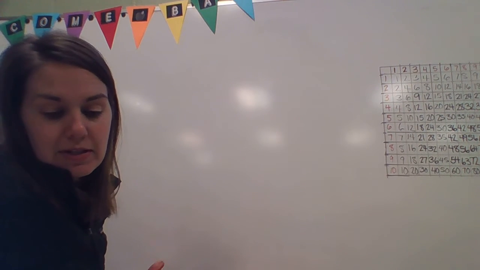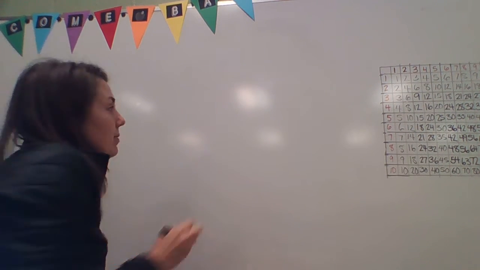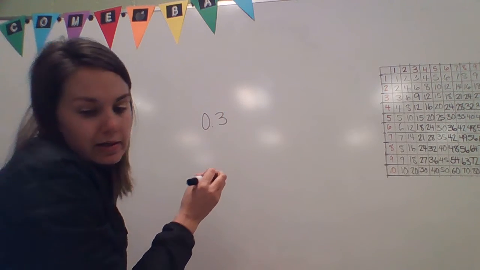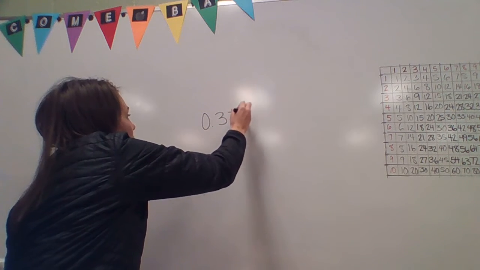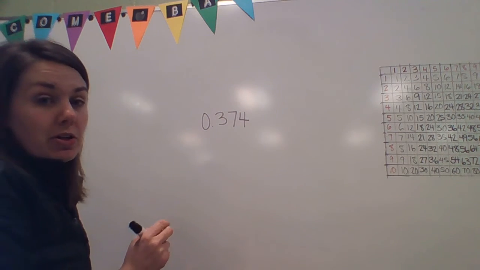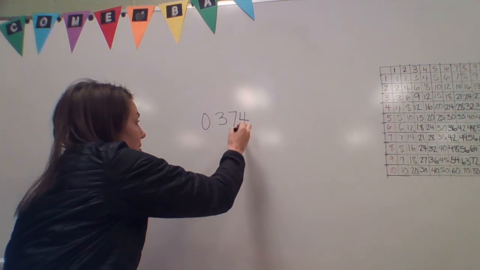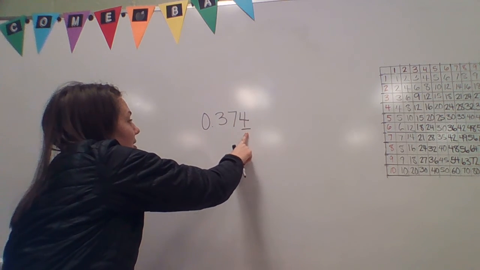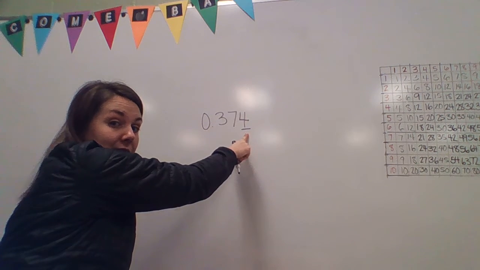at the answers. So number 7 says, what is the word form of the number? We have 0.374. So I'm going to look to the farthest space right. That would be the 4. The 4 is in the thousandths place.